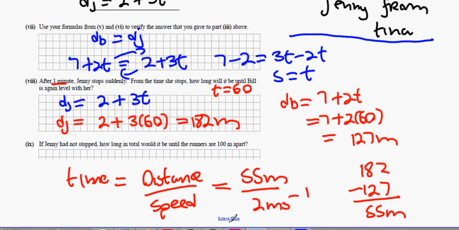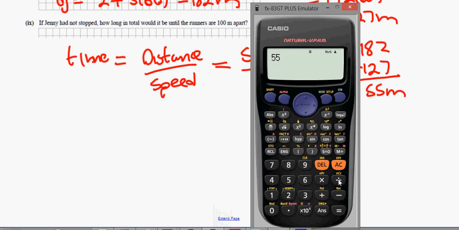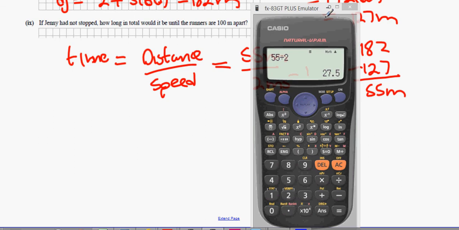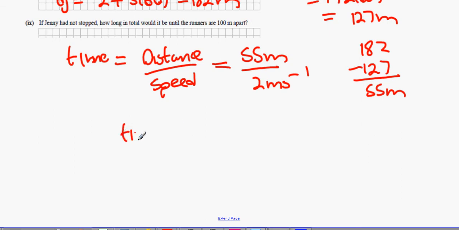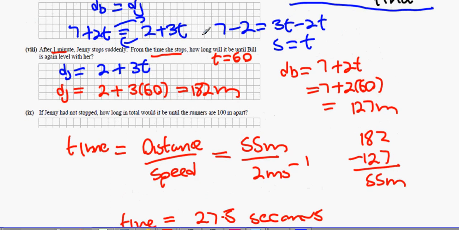This means it's going to be 55 divided by 2, which is 27.5 seconds. So the time is 27.5 seconds after Jenny stops, from the time she stops.